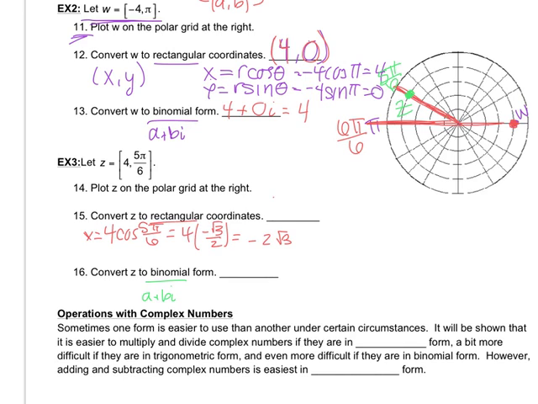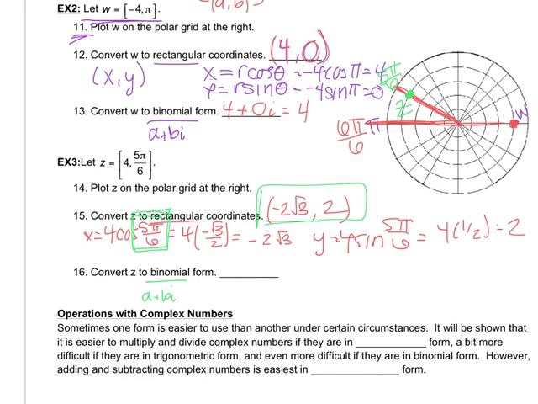So that's my x-coordinate, negative 2 root 3. And I'd like you to use exact values when you can. We know that for 5 pi over 6, we have those exact values for our trig values on our unit circle, so we can do that. Our y-coordinate is 4 times the sine of 5 pi over 6, which is 4 times 1/2, which is 2. So there's the rectangular coordinates.